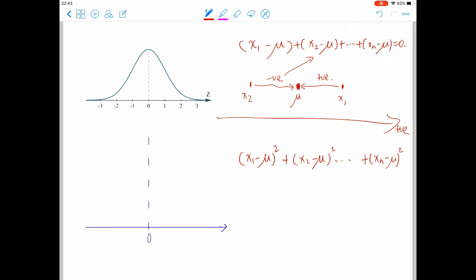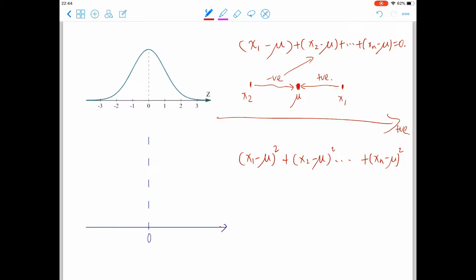Since the sample we choose follows the normal distribution, after we take a subtraction with those numbers, and we also take a square on it, then the graph of the distribution may change. Then we'll take a look at what kind of change it may have.